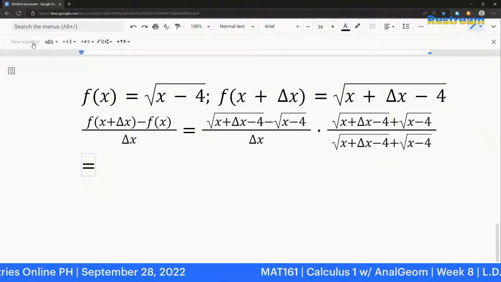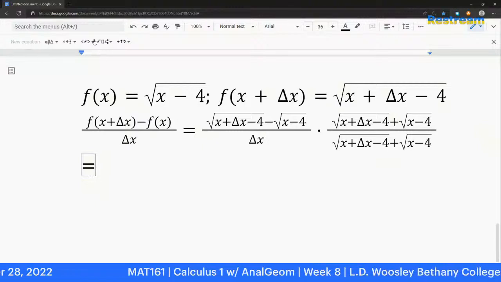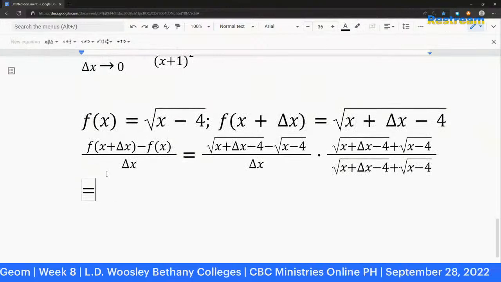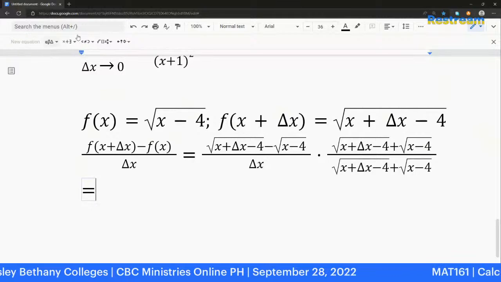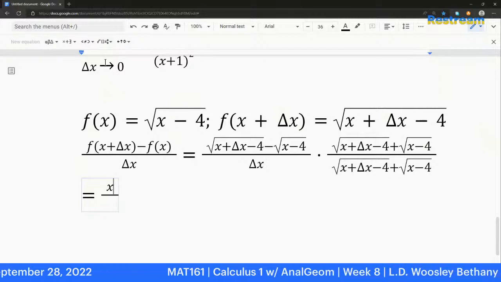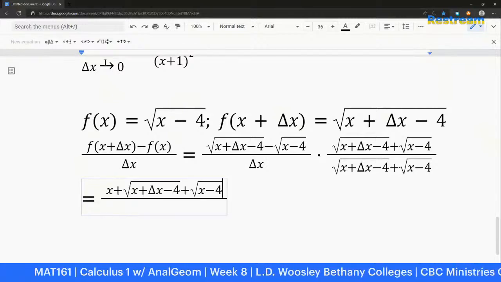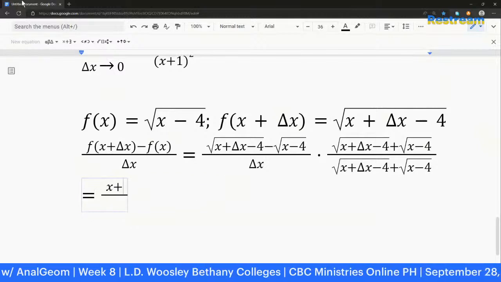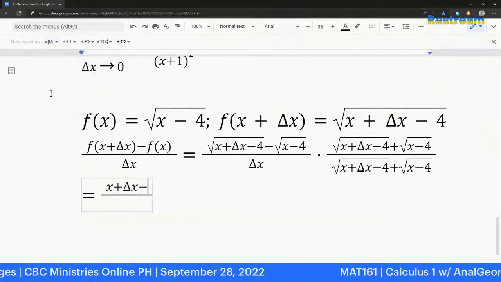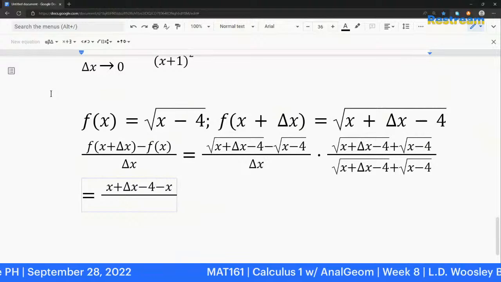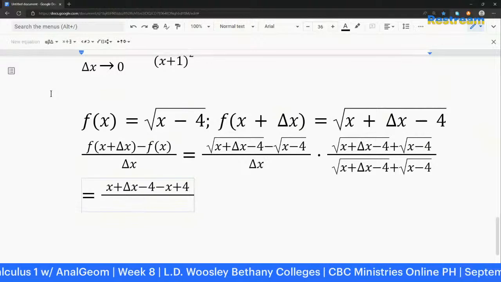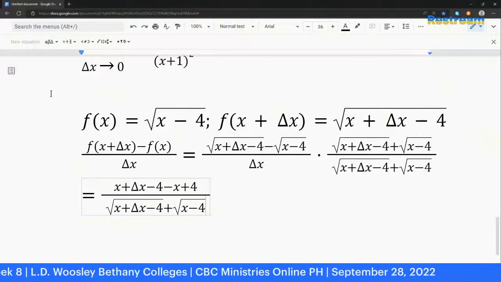So, ang matitira sa numerator ay x plus delta x minus 4 minus x plus 4. Yan na lang ang matitira dyan, guys. Dito sa denominator, of course, may delta x ka.